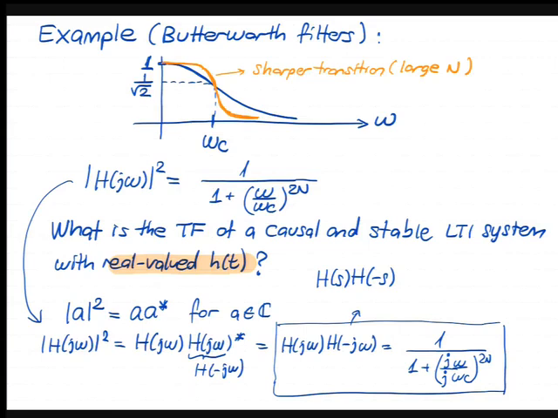We take this j omega, call it s. 1 plus s by j omega c to the power 2n. Okay? Are we getting close? I asked you for h of s. I didn't ask you for h of s times h of negative s. So we need to look at this and somehow figure out what h of s is.